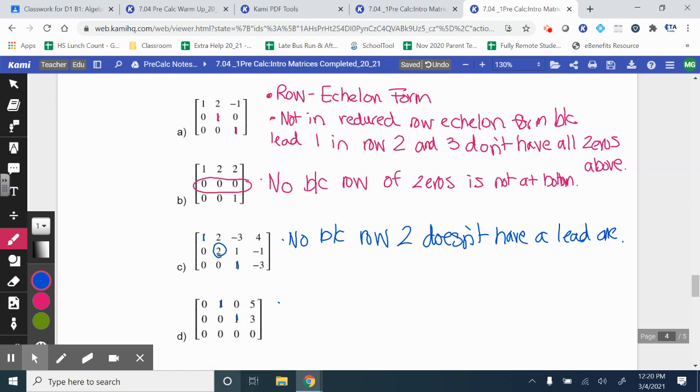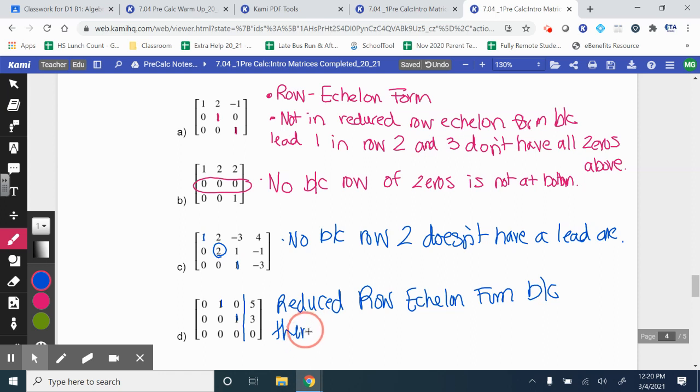And this last column doesn't matter that there's a 3 and a 5 here because we don't have another lead 1. So this could be saying just that we found your Y and your Z there. So this is in reduced row echelon form because there are zeros above and below all your lead ones.